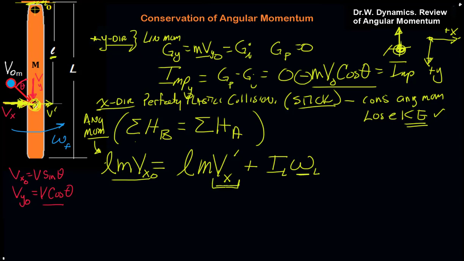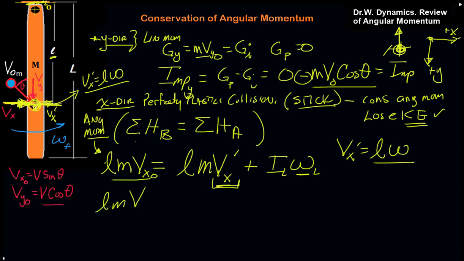Now our Vx here, it's embedded in the bar over here. So that velocity, Vx prime, will be L omega. So Vx prime is L omega.